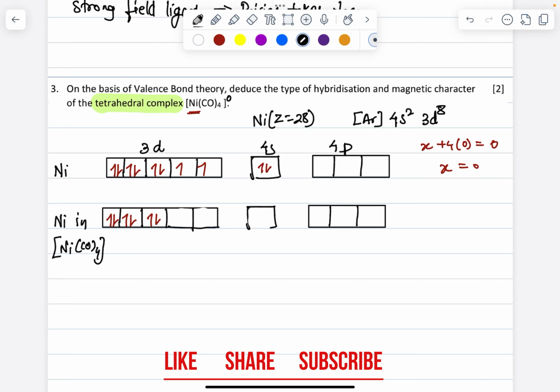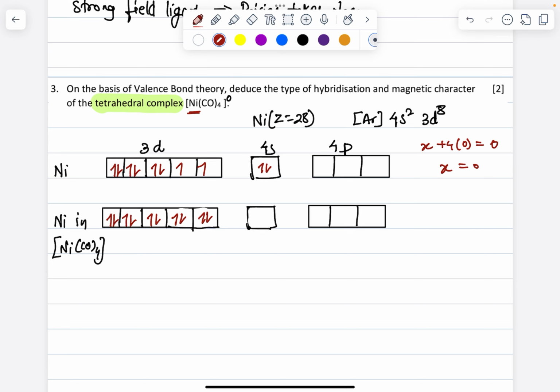These are the electrons which are going to pair up. There were 8 over here, and these two will come over here. Now, the 4 carbonyl ligands will donate electrons starting from here: 1, 2, 3, 4.